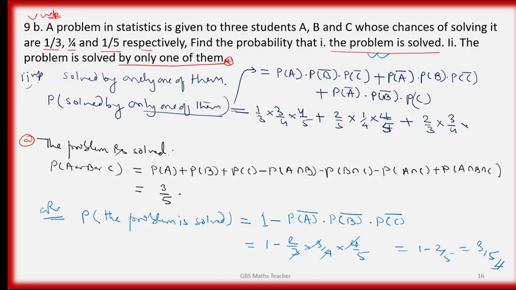By solving we will get 13/30 answer. यो केस एउटाले सल्भ गर्यो दुईटाले गरेन, और B ले गर्यो दुईटाले गरेन, और C ले गर्यो दुईटाले गरेन भन्ने यी तीनटै केसको सम भनेकै solve by only one of them हो. In this way we can solve this question. Now moving to next question, dear students.